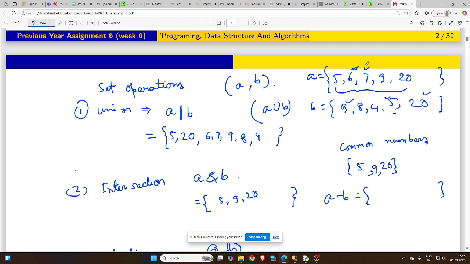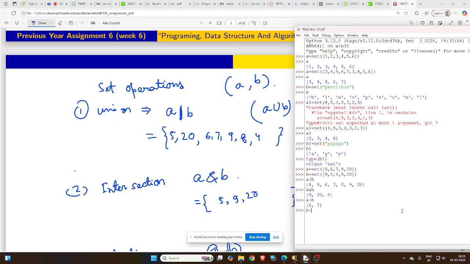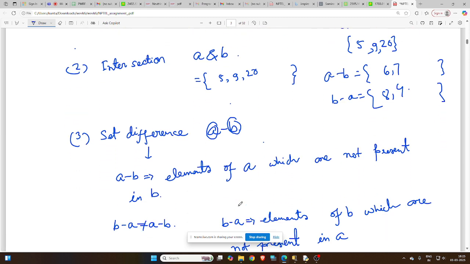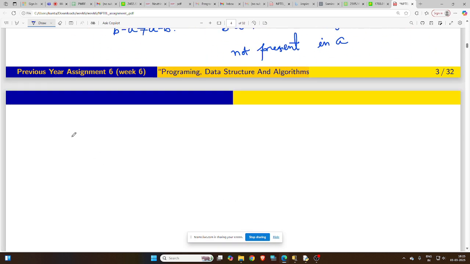So these 6 and 7 will give us A minus B. Now coming to B minus A. B minus A means the elements present in B but not present in A. So again there are 5 numbers, but among these 9, 5 and 20 are present in A. So the others, 8 and 4, will give us B minus A. Just check if I am correct or not. B minus A, 8 and 4. Okay, so this is the third operation.